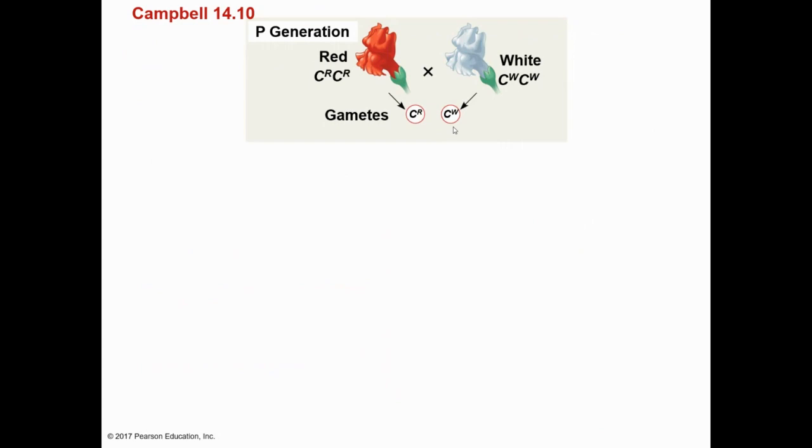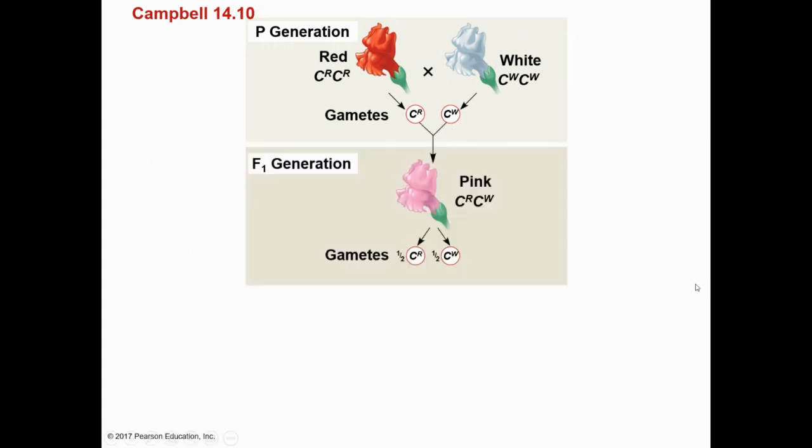I won't use that designation in our class. I think it gets a little bit confusing, but I did want to show you that if you see the designation. So we're looking for that F1 generation being all pink.